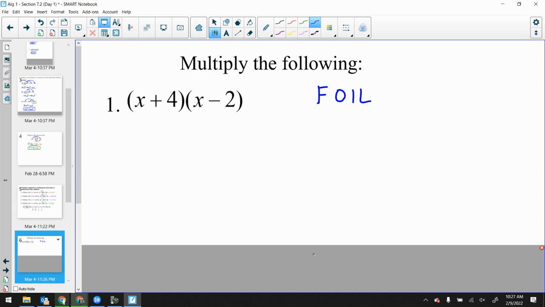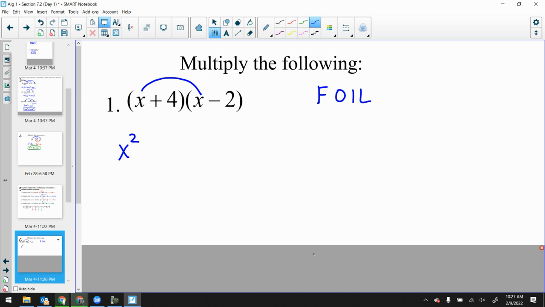Okay? So for example here, x plus 4 times x minus 2. First, the F standing for first. X times x is x to the second. X squared.